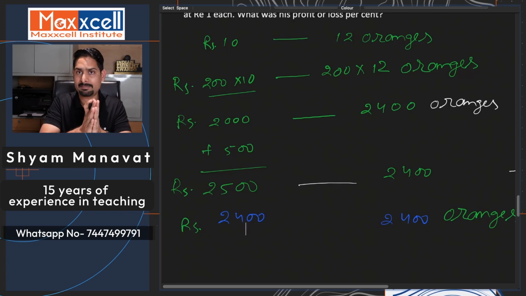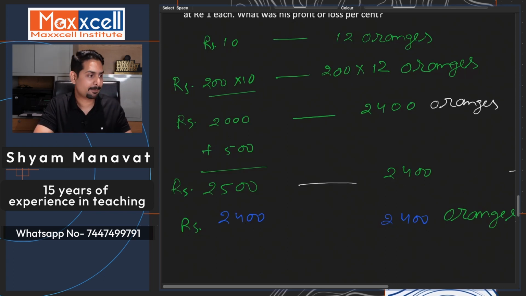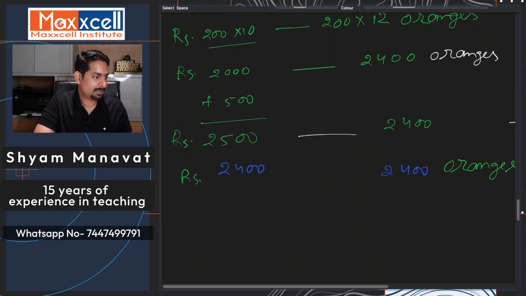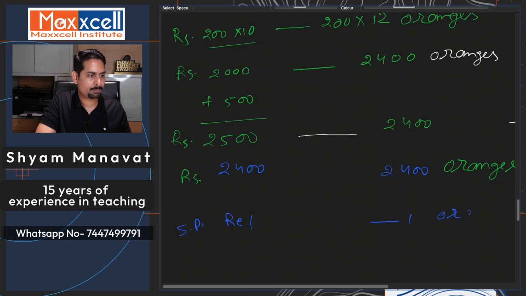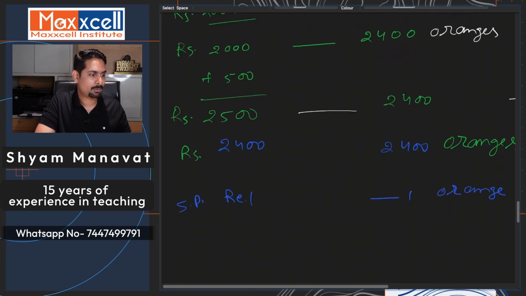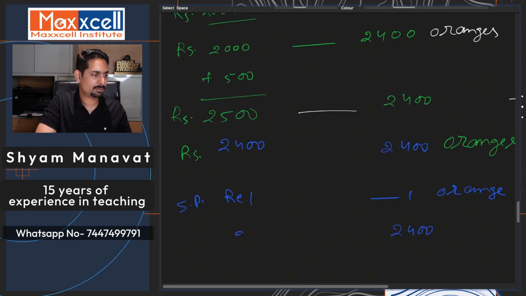I hope this is fine with you. You don't need to do calculation in this, right? Or you want me to do it? Okay, let me do it for you. For the selling price, if it is 1 rupee for 1 orange, then for 2400 oranges, he will have 2400 as the selling price.